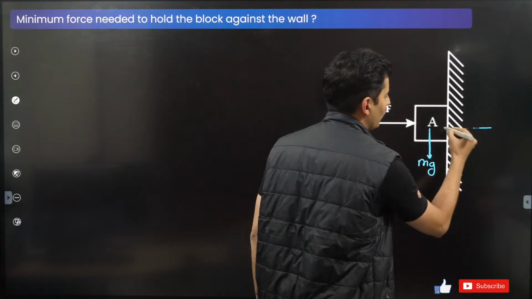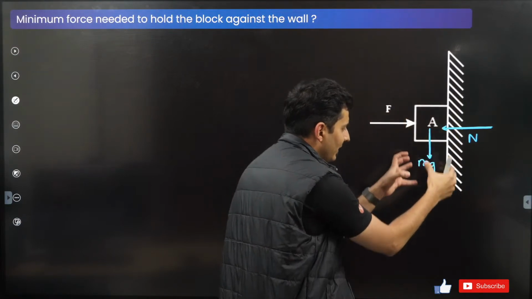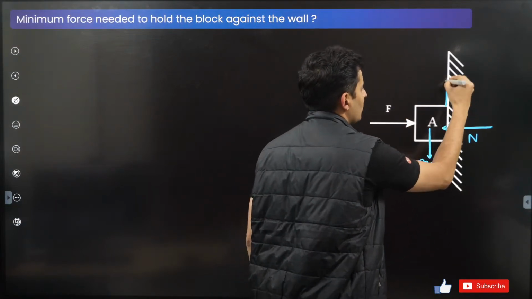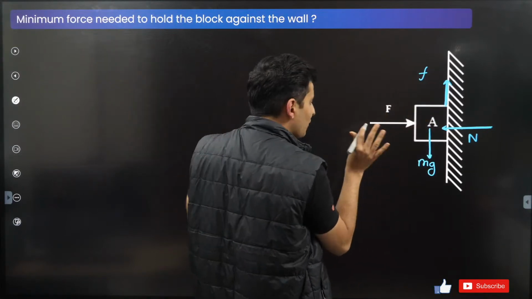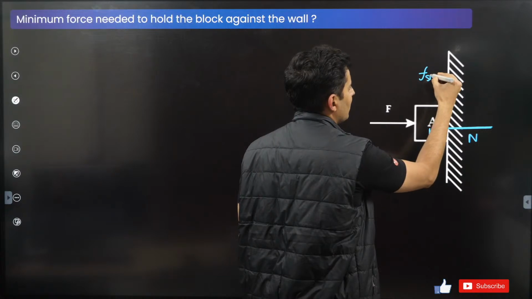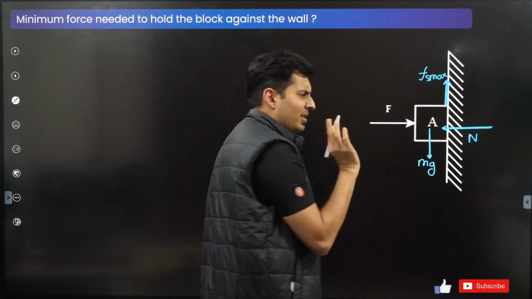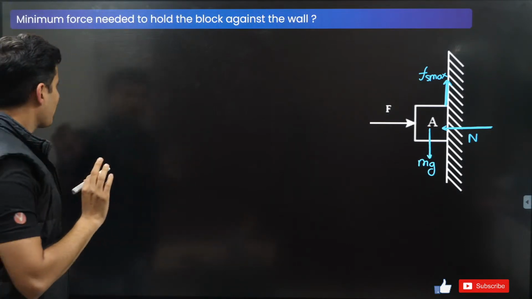A normal force will come from this side, and friction will prevent this body from sliding down. So hence a frictional force this way, because you are applying as less force as possible. It is on the verge of sliding. So this friction is not any ordinary friction. It is Fs max friction. Is everybody with me? Great.